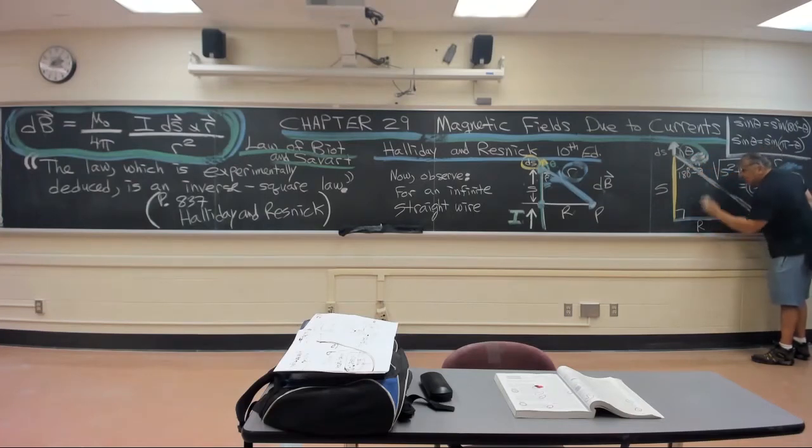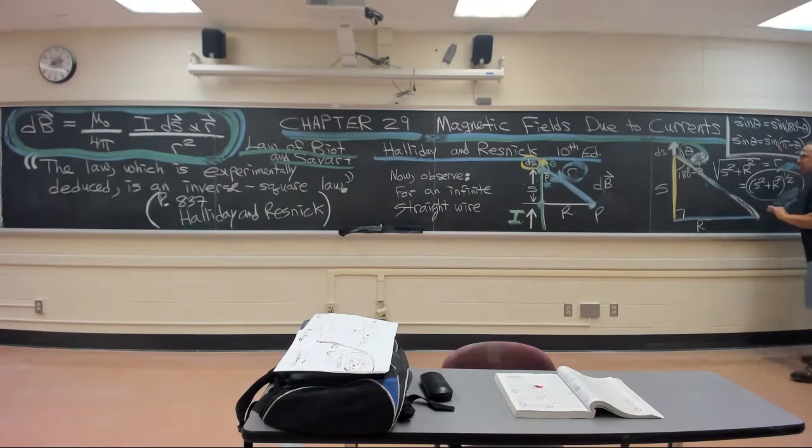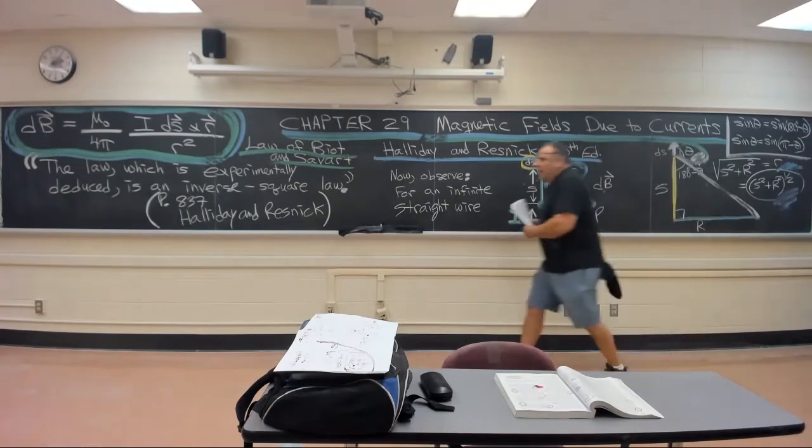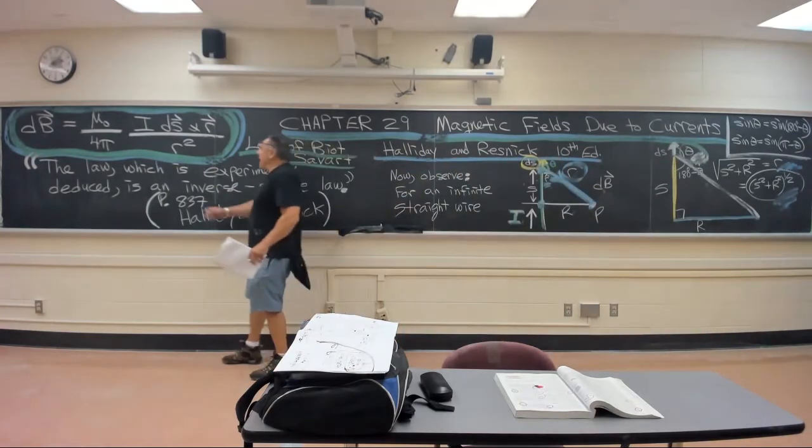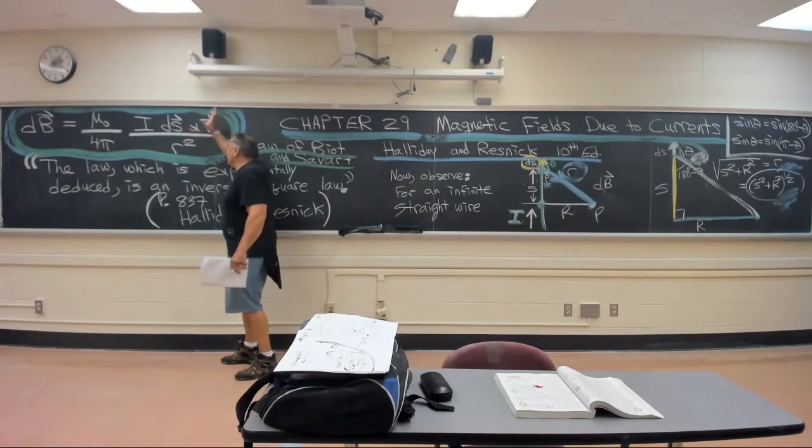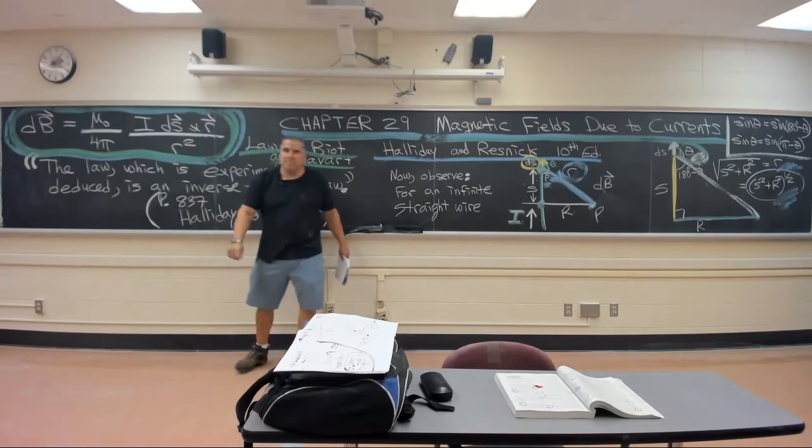I can make a 60 degree angle down there. And what is the cross product, you guys? The cross product is magnitude times the sine of the angle between them.